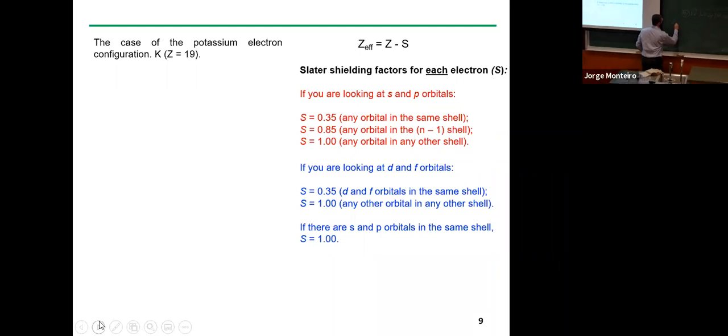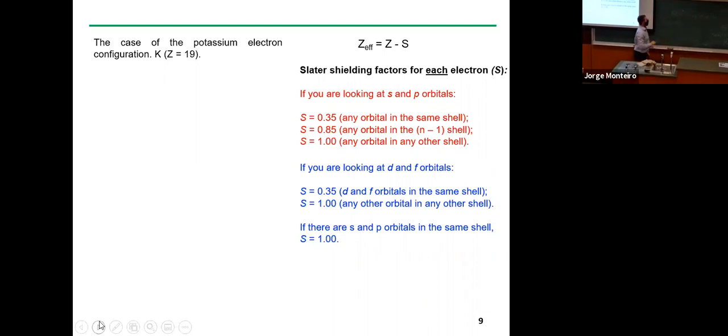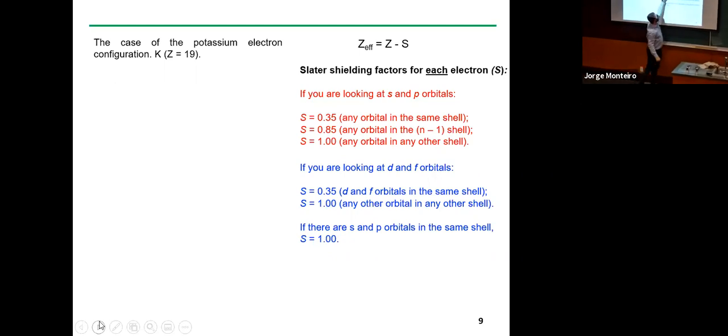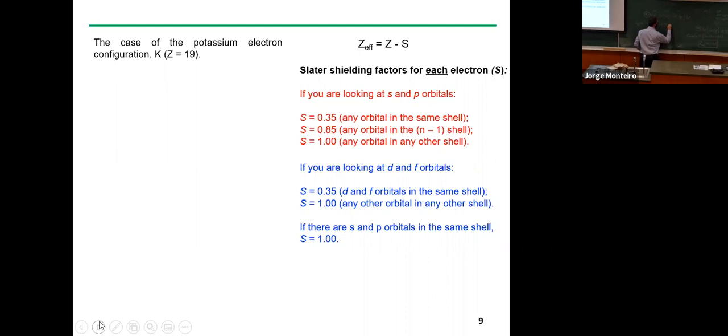Z effective for the 4s orbital, 19 minus 1s2 orbital will have a factor of 1, 2 times 1, plus second shell, also a factor of 1, plus n minus 1 shell, 0.5, and that's it.